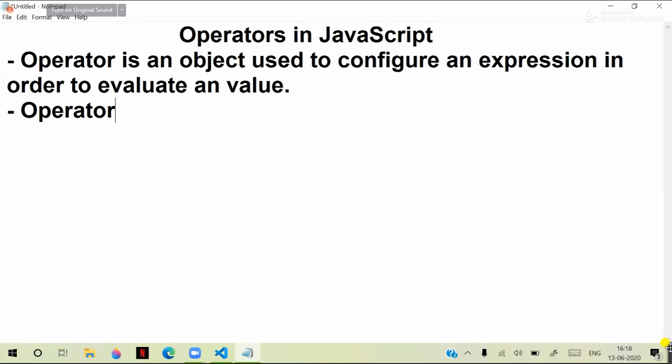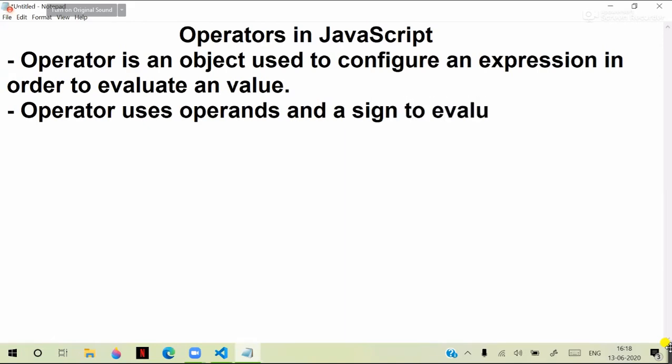So an operator uses operands and a sign to evaluate a value.